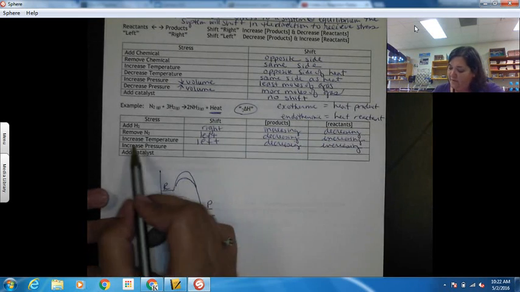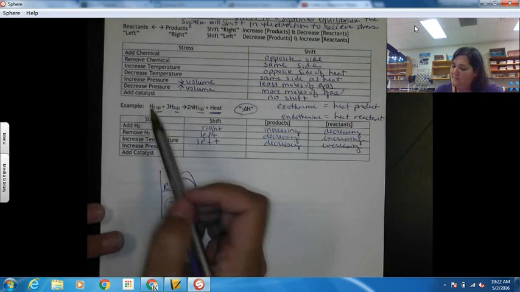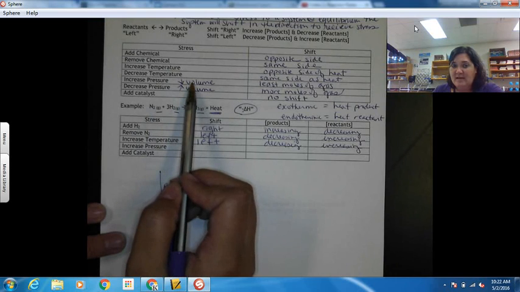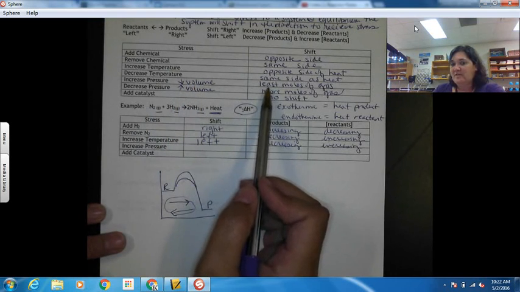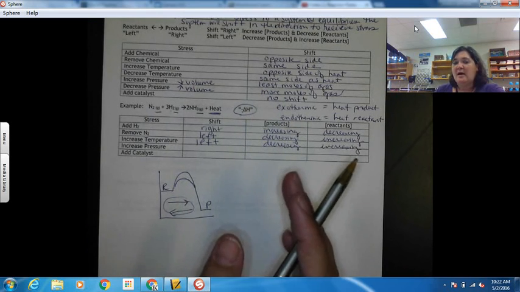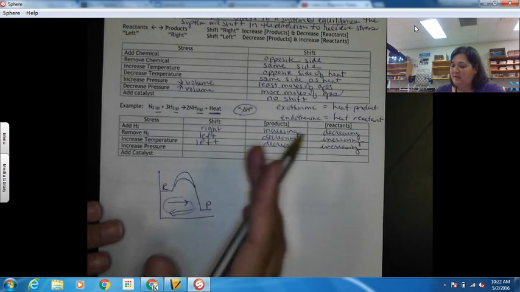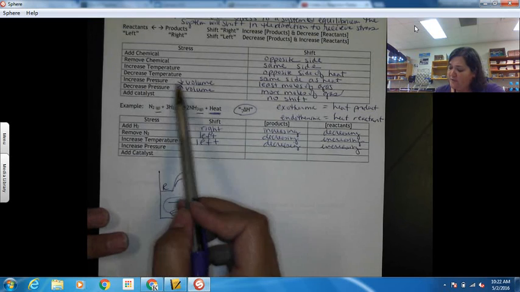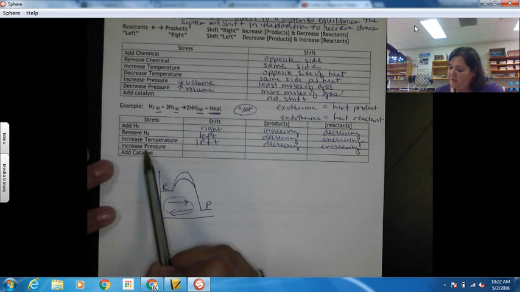Now if we increase the pressure, you can notice here they're all gases. And we said if we increase our pressure, that has a decreasing effect on our volume, and therefore we can't fit as much stuff. So it's going to go to the side with the least moles. Now this one is not really a seesaw shift, okay? It's just a one-time shift. So if you increase your pressure, you go to the side with the least moles of gas. What side has the least moles of gas?